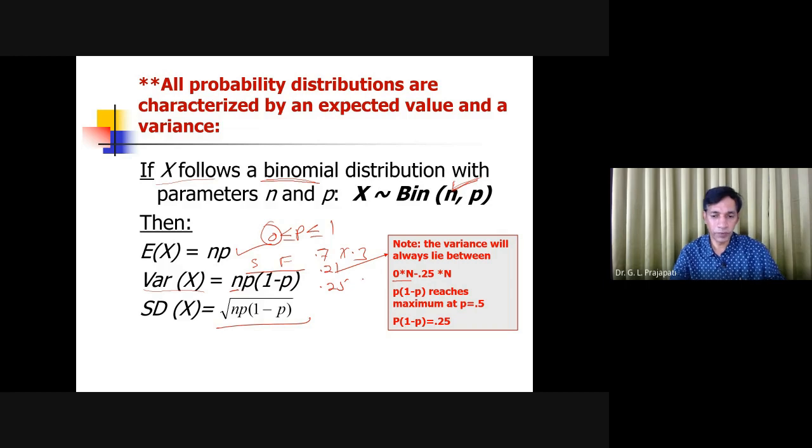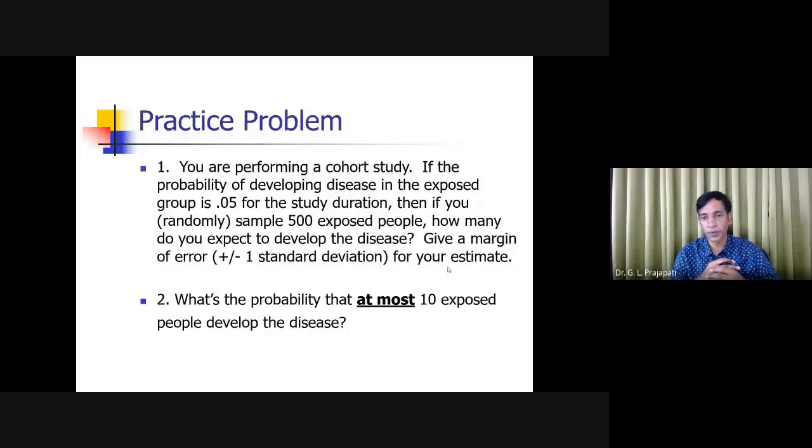So this is the maximum value you get when p is 0.5. And that's why if p is 0.5, then 0.5 multiplied by 0.5 is 0.25, and 0.25 multiplied by the number of trials n. So your variance will come from within this range, from here to here.